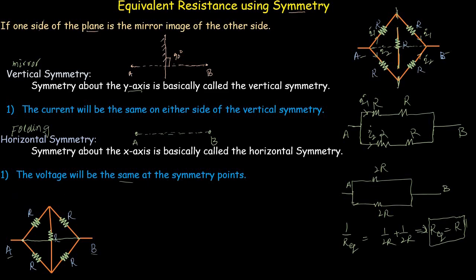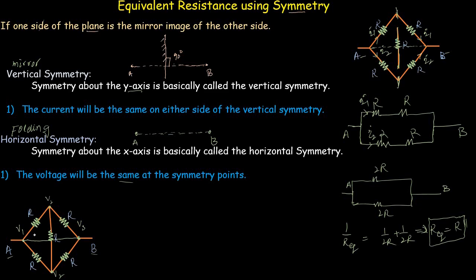So we can say that if the voltage at this point is V1, the voltage at this point is V2, and the voltage at this point is V3, then the voltage at this point will also be V2, because there exists a horizontal or folding symmetry across this x-axis or horizontal plane.